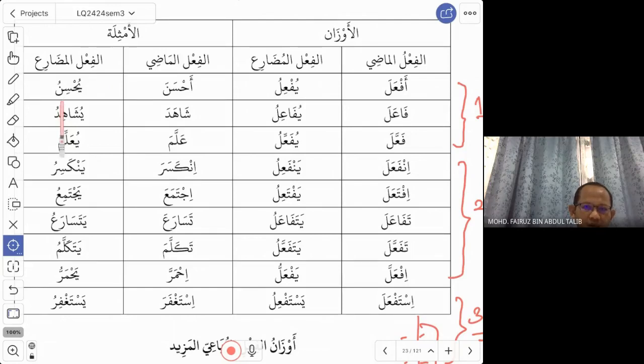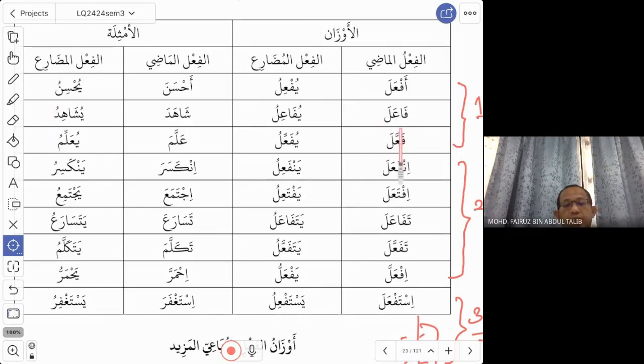So that is wrong. Why? Because you don't refer to mudari. You have to refer to fi'il madi. If you refer to fi'il madi, you will see this alif, ahsana. Okay, that is why this wazan is important for you to identify whether you have mazid, additional letter or not. So af'ala yuf'ilu, ahsana yuhsinu. Okay, that is number one.